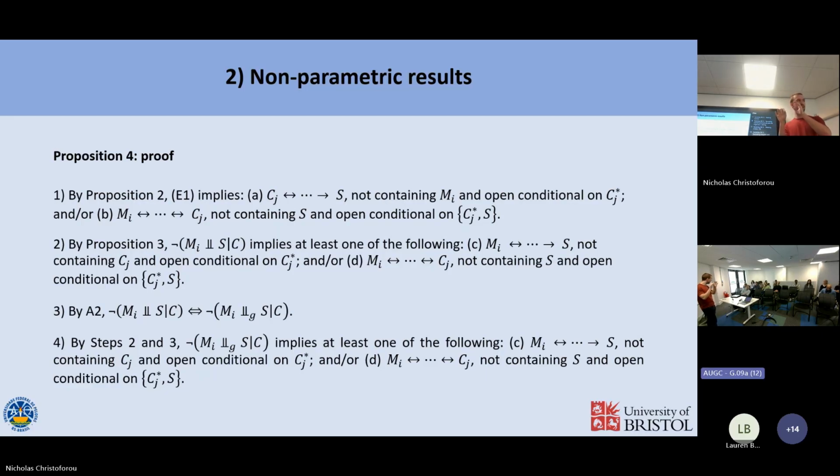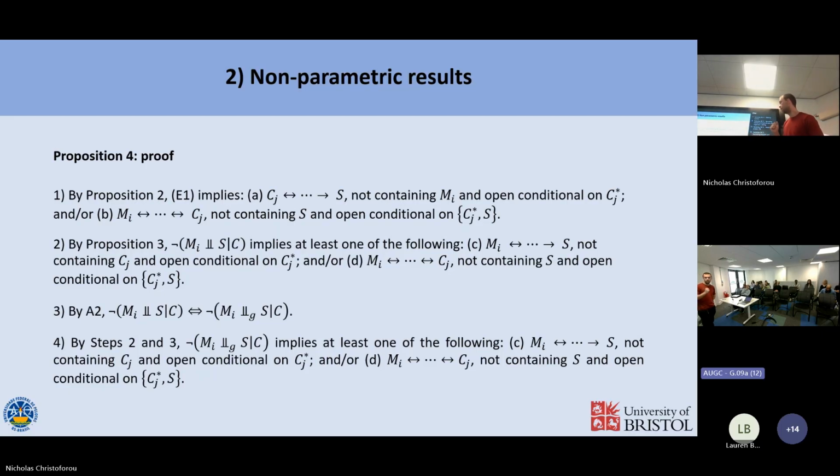I know that dependence implies connection, but what I'm saying is that those things are equivalent. It's two-way rather than one way, and that's going to be useful later. So if I combine steps 2 and 3, I essentially just repeat step 2, replacing the dependence condition with the d-connection condition, and I arrive at step 4.